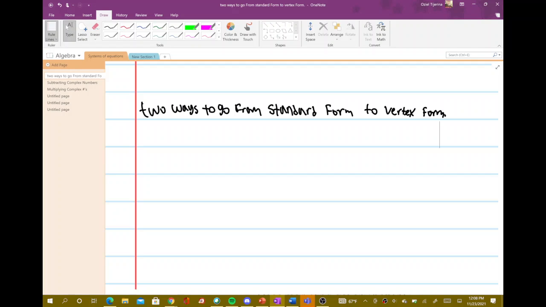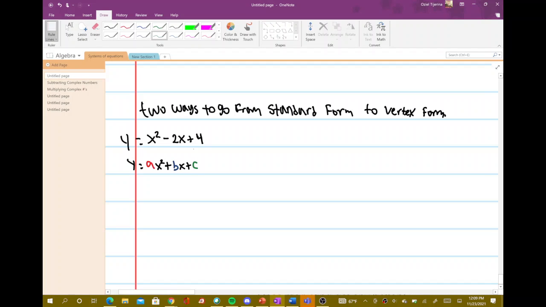So let's get started. Let's just say I have a function that says x squared minus 2x plus 4. So this is my function, right? And we know that this function is of the form y equals ax squared plus bx plus c, right?